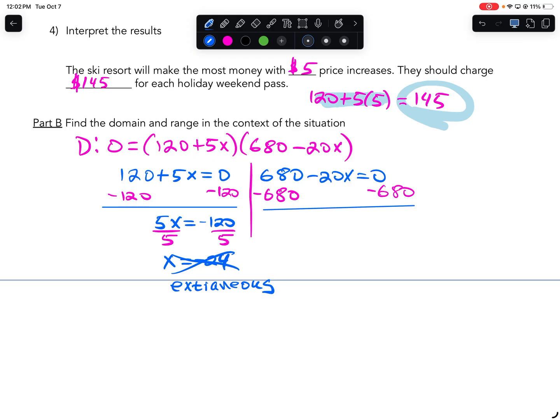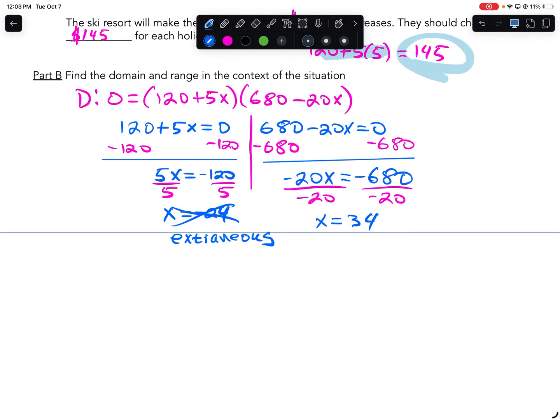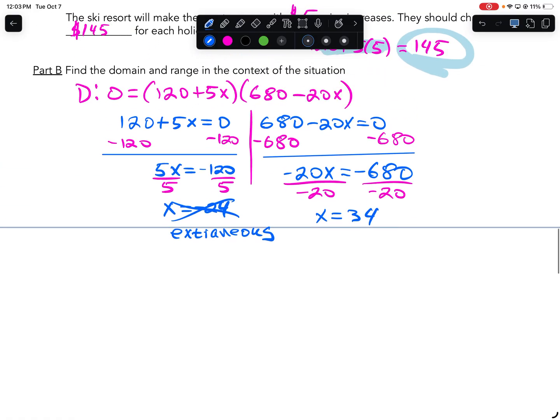On this one, we have negative 20x equals negative 680. And then I just divide by negative 20, and that one's going to work. What's 680 divided by negative 20? 34. So that means our domain, so this is only finding the domain, right? So where's our domain start?